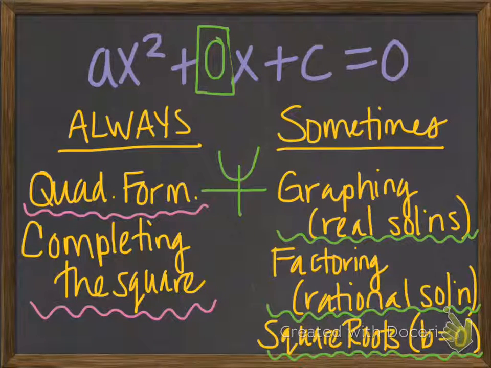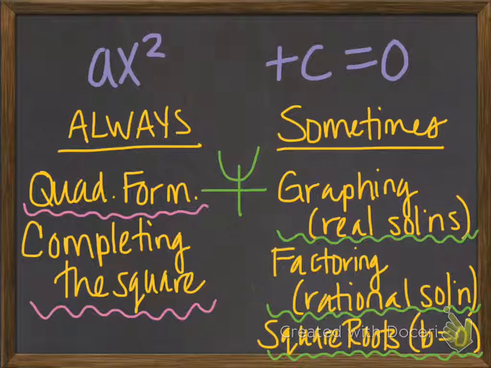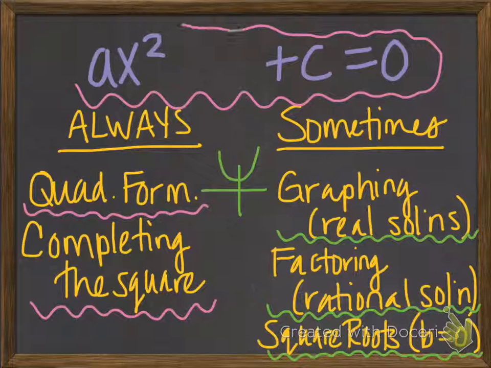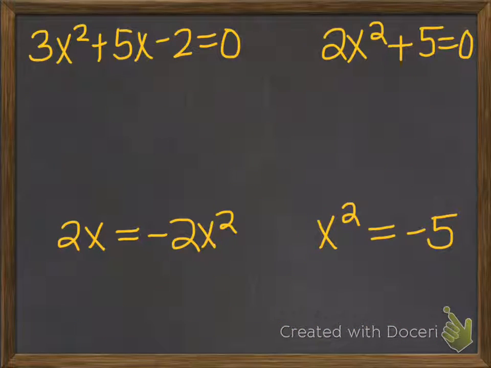Because 0 times x is just 0, and we all know that 0 plus anything else gives us what we had to begin with. So square roots can only be used when the quadratic equation looks like this. So the examples you see in this video will all be missing a b value. So no linear term, just the quadratic with the x squared and the constant with no x at all.